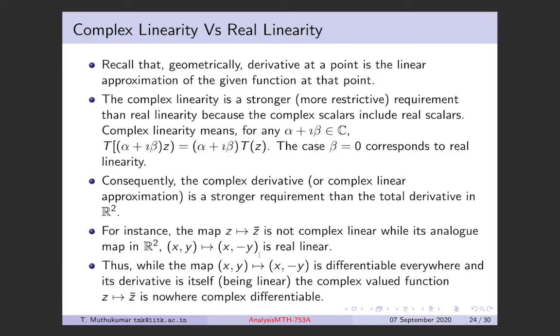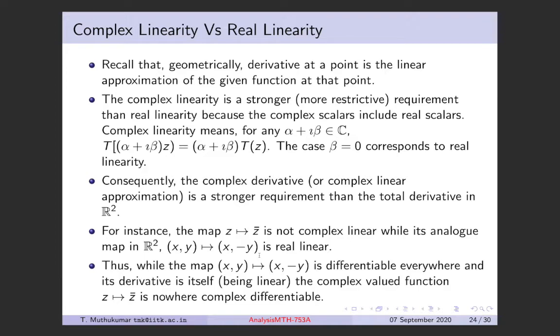So you see the difference between linearity in the complex plane and linear functions on R2. The linear functions on R2 are a much bigger collection, whereas the linear functions on complex numbers are a much smaller collection, which is what gives you these nice properties of complex differentiable functions, which we will see later.